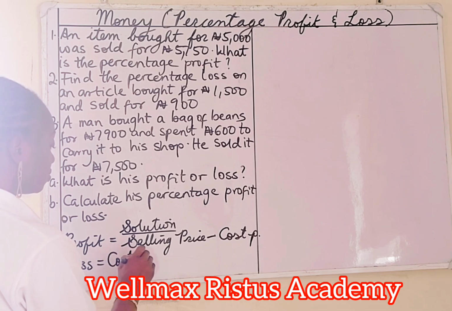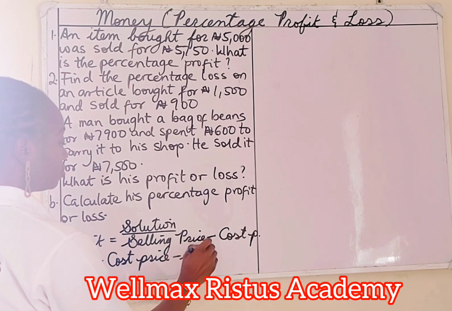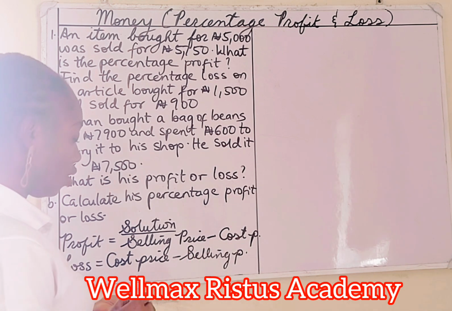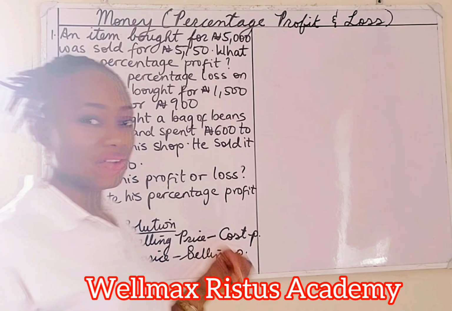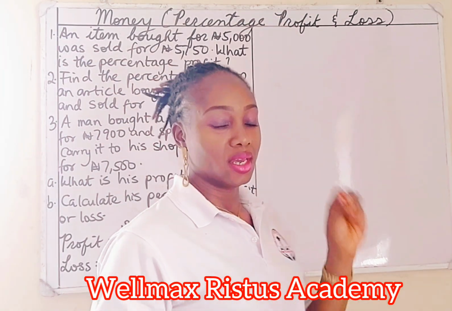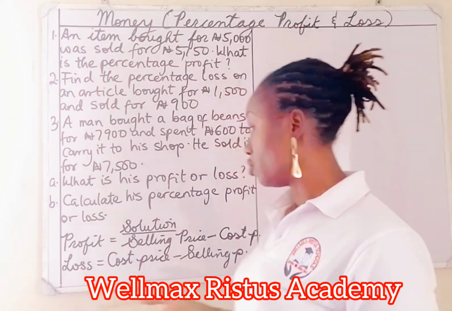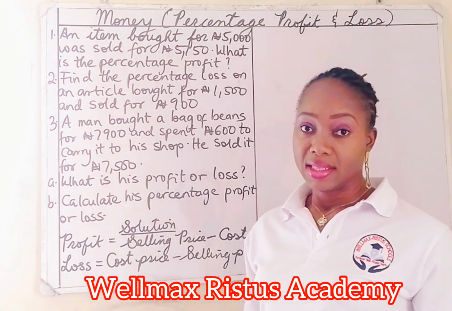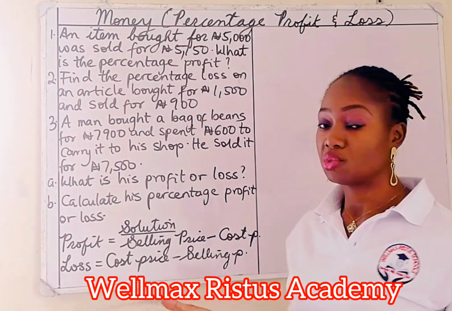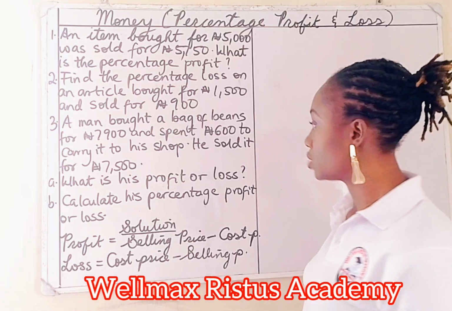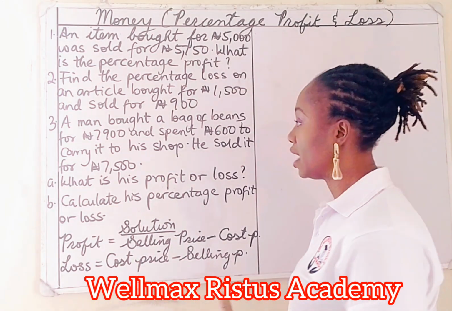Cost price minus selling price. Alright? And what is that formula we can use in finding the percentage profit and also percentage loss? Once you're able to get your profits, then the formula for finding percentage profit will be profit over cost price times 100 over 1. Okay, so now let's move to the questions we have here.